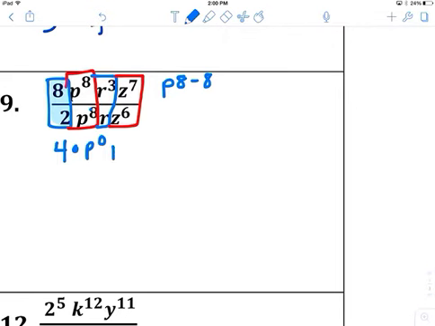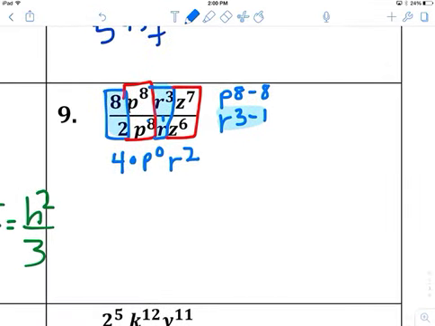And then r to the 3rd minus r to the 1st, which gives you r to the 2nd. And then the last one, this is the one that I just did right here. The last one is z to the 7th minus 6, z to the 1st.